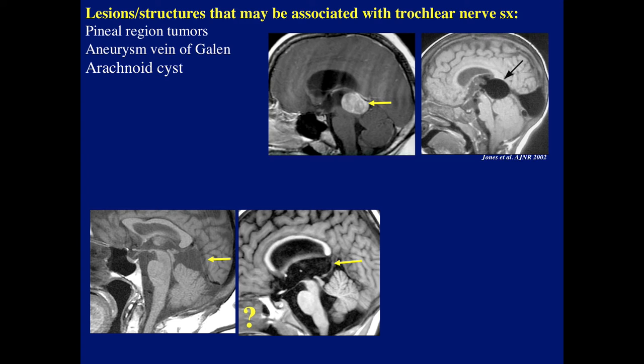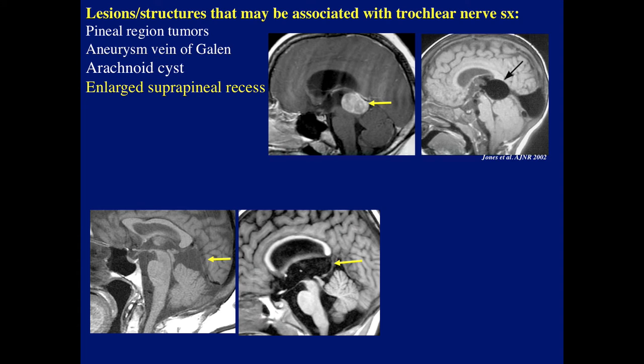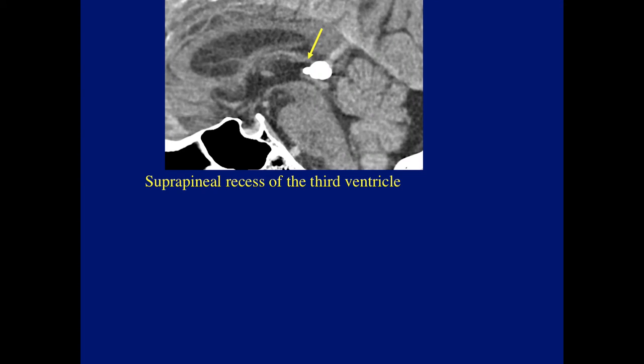I would say 99% of the people who look at these cases do not know what this structure is. There's something called the suprapineal recess of the third ventricle. Here's a large calcified pineal, and this is a posterior extension of the third ventricle called the suprapineal recess.